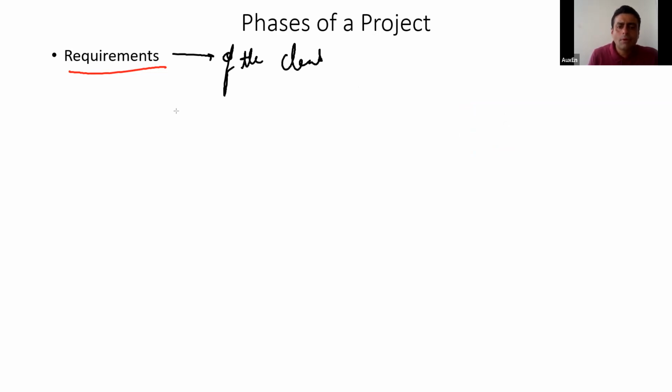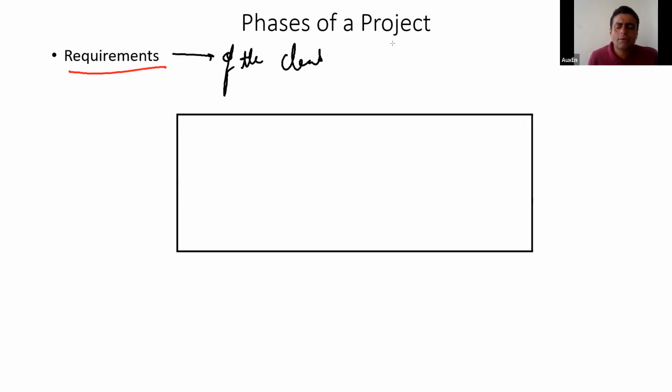So a client may come to you and they may say that they want to develop a shopping complex, let's say. So now it's your duty to understand what sort of requirements they have in their mind. Or let's say a client wants to make an educational institution.